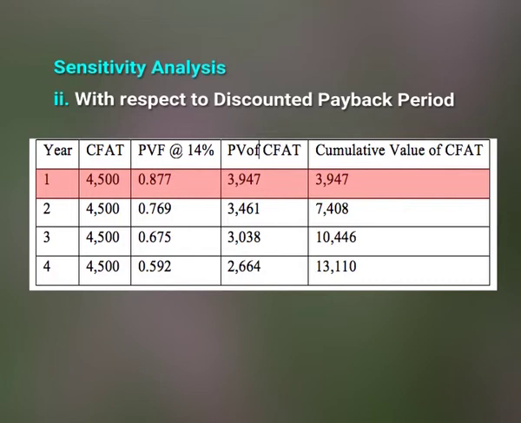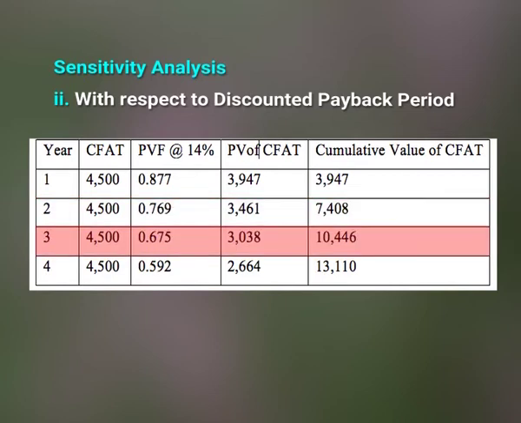Then cumulative value of cash flow after tax is 3,947. Now, in the second year, the cash flow after tax is 4,500. Then PV factor at 14% is 0.769. Then PV of cash flow after tax is 3,461, and then cumulative value of cash flow after tax is 7,408.